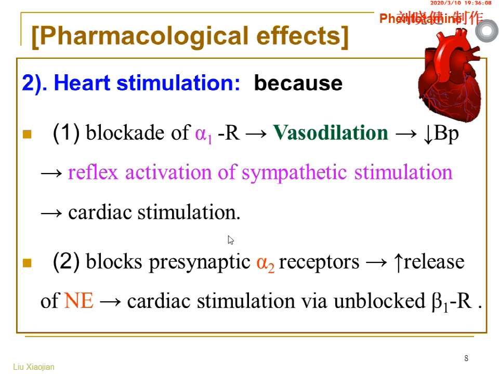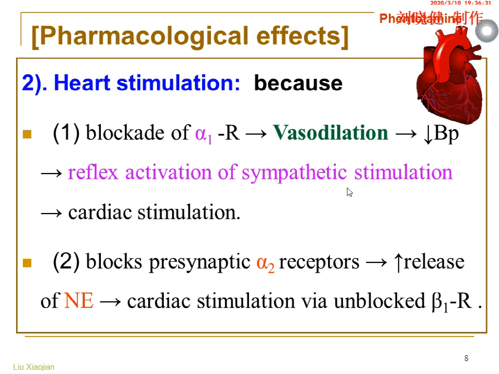before using this drug. Understand? So that's why, although this drug can decrease blood pressure obviously, because it has an obvious cardiac stimulation on the heart, so increased heart rate.